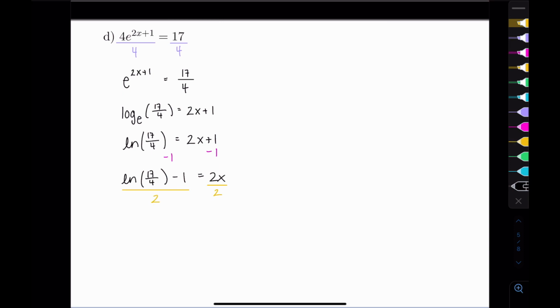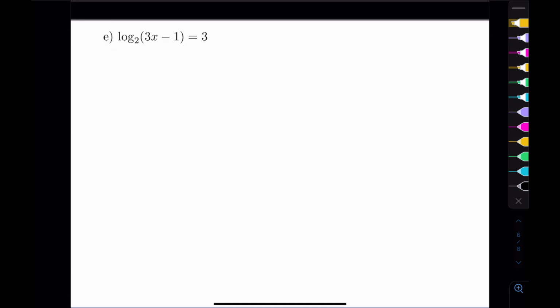So our x that solves the equation is natural log of 17 over 4 minus 1 divided by 2. Okay, so this is our value of x that solves the equation. And again, you can plug this into a calculator to get your decimal approximation. But typically, we're going to want the full answer. All right. So we just got a couple more.